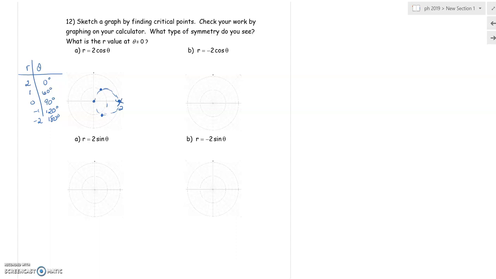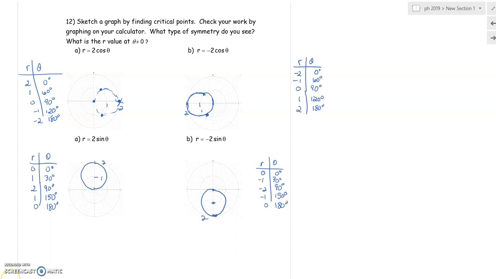Okay, so if you picked a few points and then graphed, notice that this is what our graphs look like. All circles. They all have a radius of 1 actually.